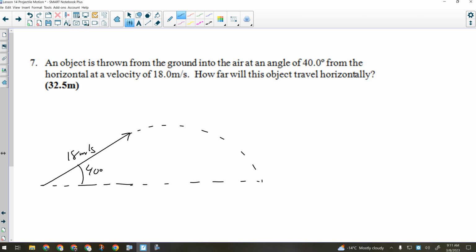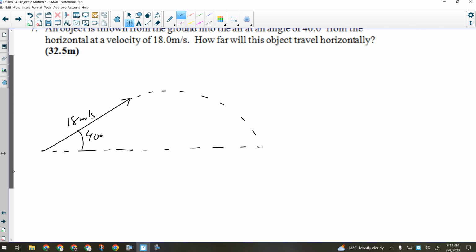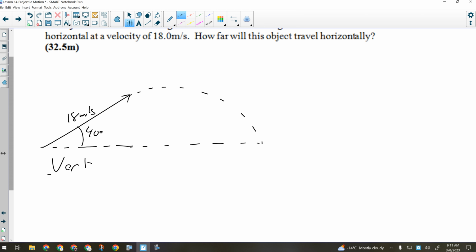So I'm going to be going through this question, it'll have VI, 18, V horizontal, 18. It's not. Okay? It's 40 degrees above the horizontal. It isn't either one of those. So we use trig to get those other numbers. Okay, so we are looking for how far it'll travel horizontally. So we break it up, vertical, horizontal, and we remember this, that this side of the triangle will be our initial vertical velocity, and that this side of our triangle will be our horizontal component of that velocity.